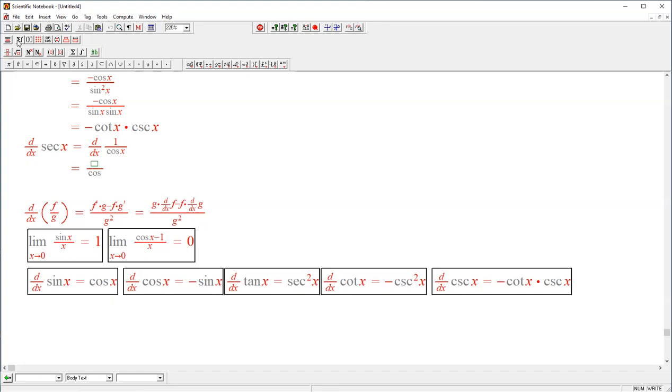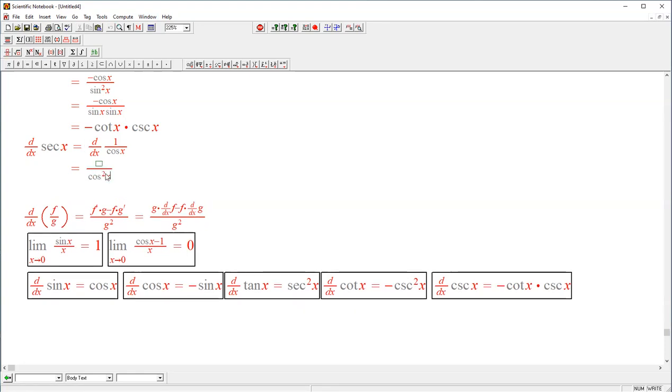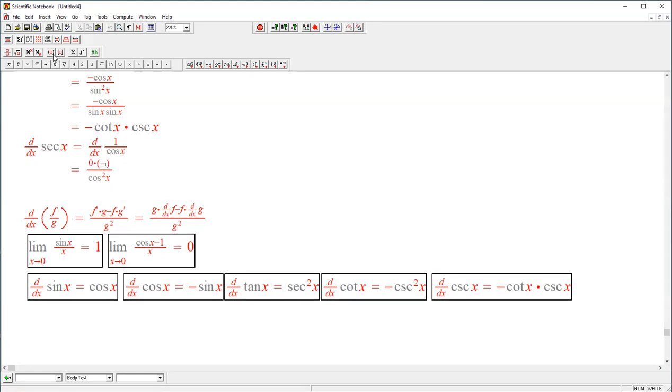Cosine squared of x, and the top is f, f is 1, g is cosine x. The derivative of 1 is 0, so 0 times anything. The derivative of cosine is negative sine. Well, this part is going to be 0. Subtracting 1 times the derivative of cosine, which is negative sine.